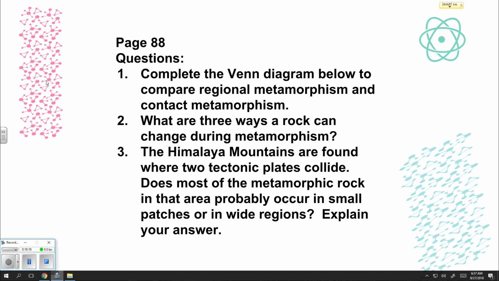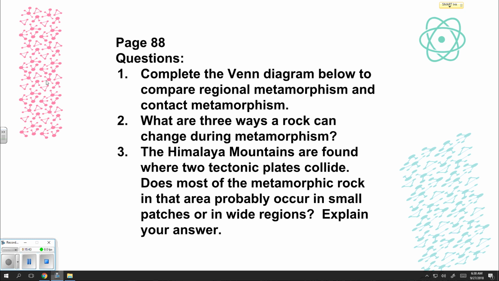Question 2. What are 3 ways rocks can change during metamorphism? Pages 86 and 87. They change in texture, structure, and chemical composition. Number 3.